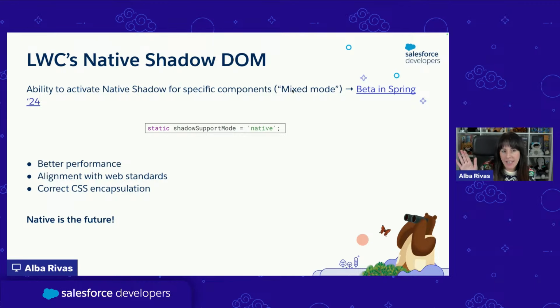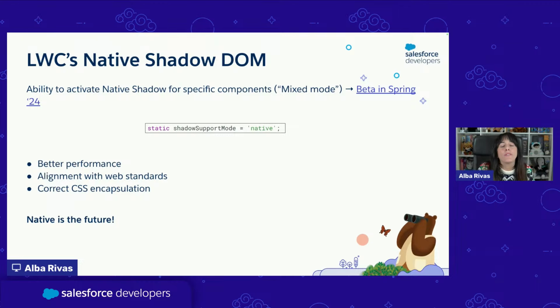I know the name is a little bit confusing, and it says mixed because you can use native shadow in some components and synthetic shadow in some other components and mix them, right? But the feature is basically the ability to activate native shadow for a specific component.